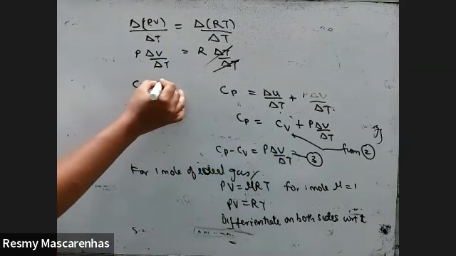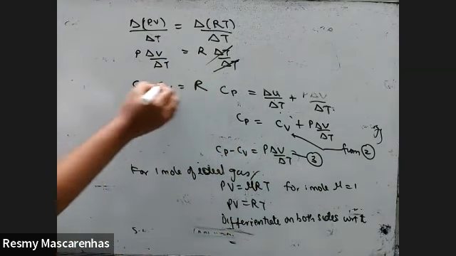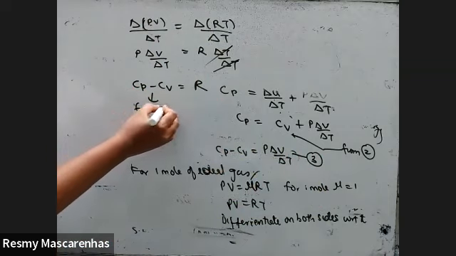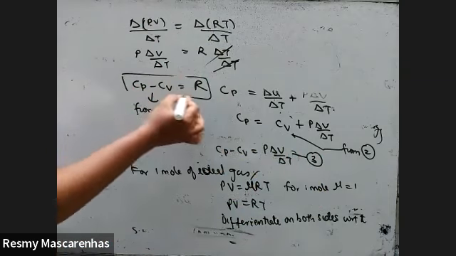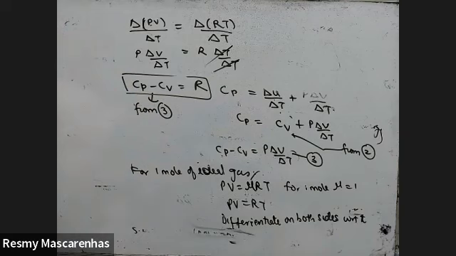Nothing but Cp minus Cv. And this is R, from 3. So Cp minus Cv is nothing but the gas constant R.